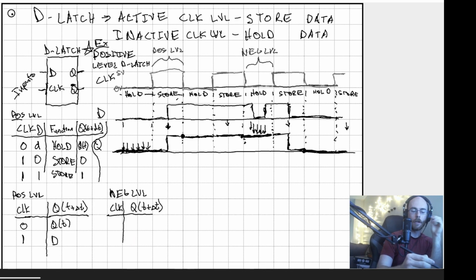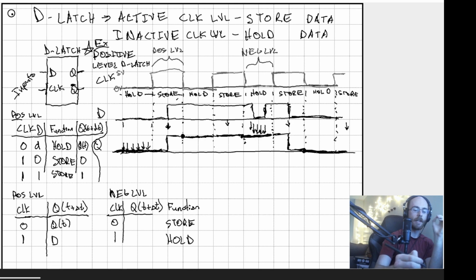Okay, hopefully you were able to start getting through that. I'm going to start filling it in. We have 0 and 1 for our clock, and essentially we're just going to flip the 2 things we had previously. So we had the functionality here, which I'm just going to throw on the end. Now the 0 becomes our store, and the 1 becomes our hold.